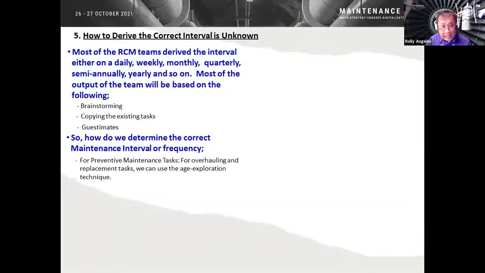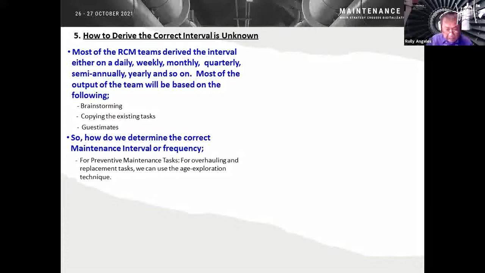It means that our interval should be based on when the majority of parts will fail. Okay, so for example, we have a yearly replacement of an impeller in the pump.